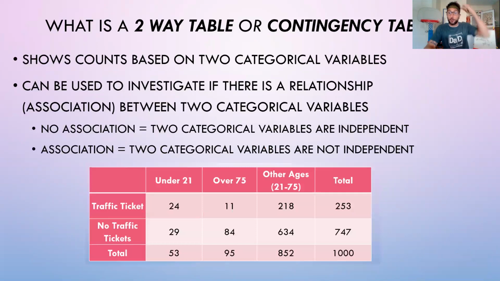So a two-way table or a contingency table, some notes here, right? A two-way table, a contingency table shows us counts based on two categorical variables. And we can use these tables to investigate if there's a relationship or an association between two categorical variables. So this is a question: is there a relationship between two categorical variables?